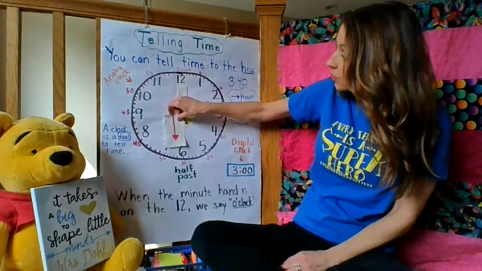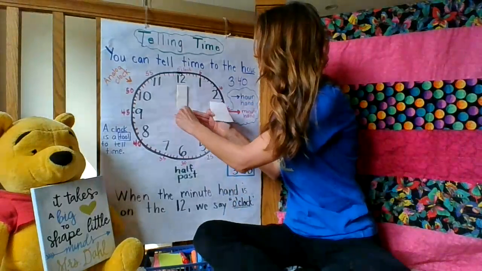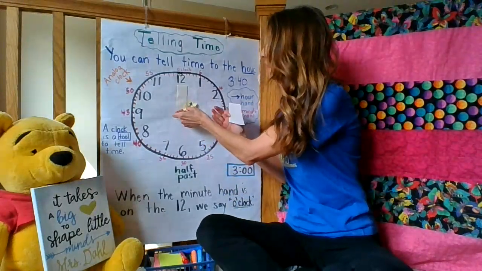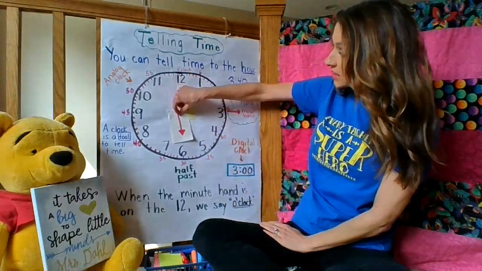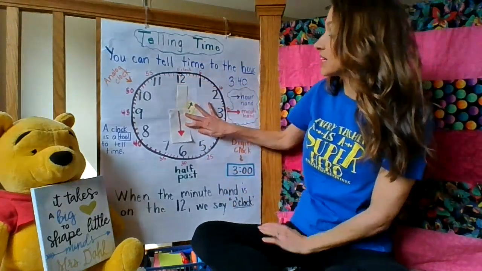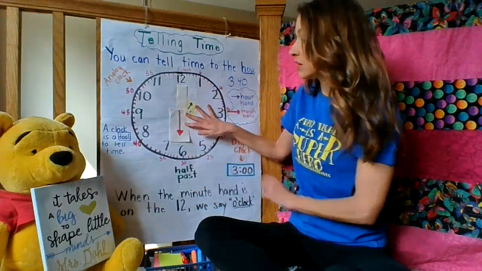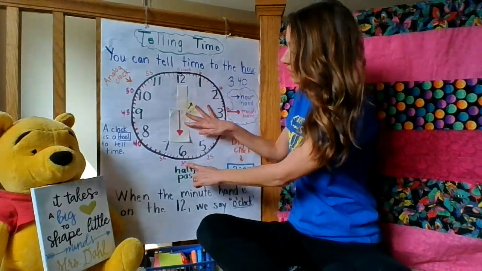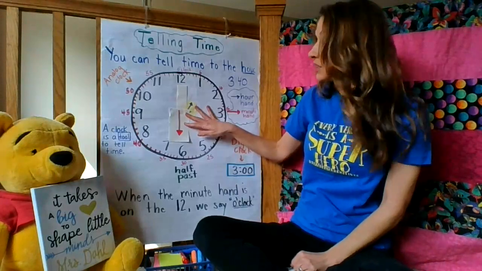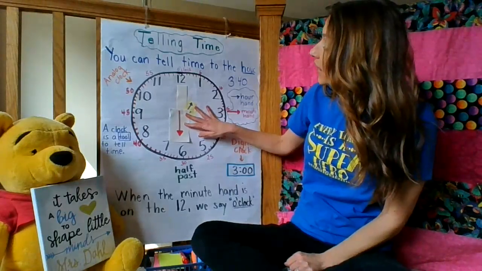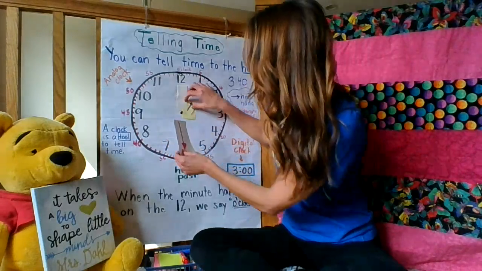That's a half hour. So for example, if I put my hour hand on the 1 and my minute hand on the 6, I know that it is 1:30. It's a half an hour into 1 o'clock.